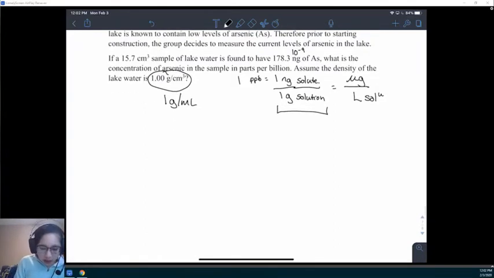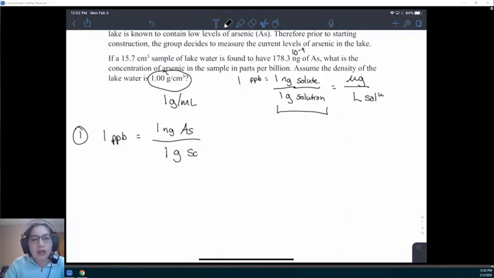So I'll just put a 1 here. So 1 ppb will be equal to 1 nanogram of arsenic over 1 gram of our solution. So if we set up an equation where we have mass of arsenic in nanograms and the mass of the total solution in grams, then that'll spit out concentration in ppb.